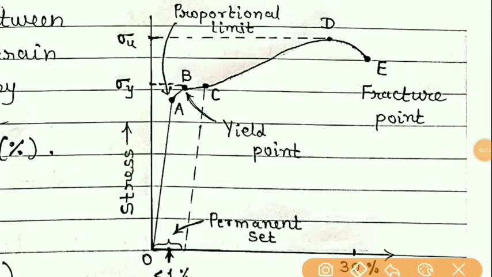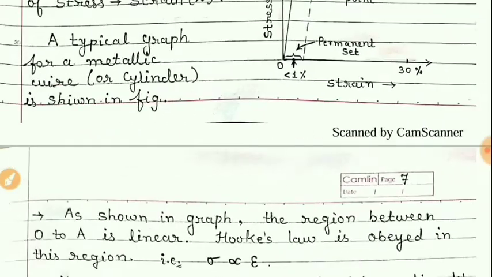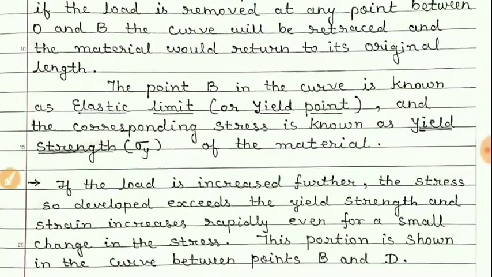But if a wire made of some other material is used, suppose steel, iron, silver, etc., then these points which are obtained will be at different positions. And so the graph varies from material to material.